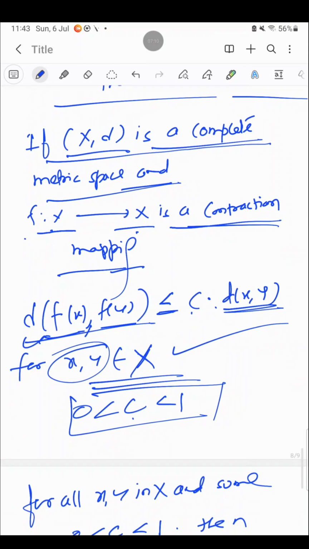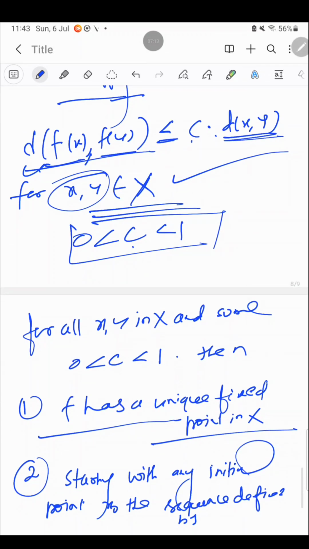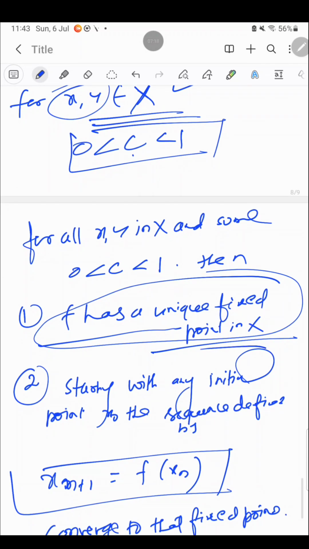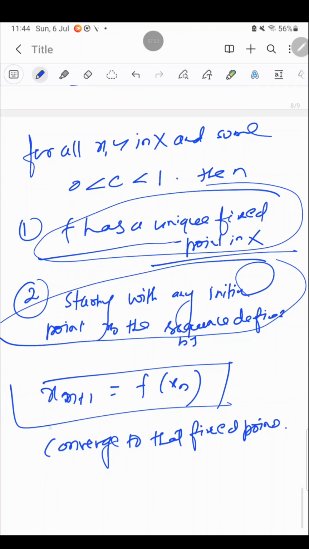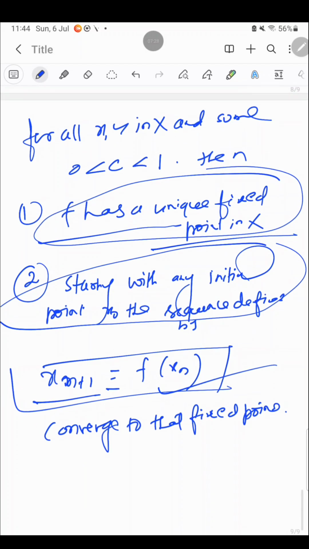You have to be aware of these definitions, complete metric space and contraction mapping. Then the results are: first, f has a unique fixed point, and second, starting with any initial point x0, the sequence defined by x(n+1) equal to f(xn) converges to that fixed point.